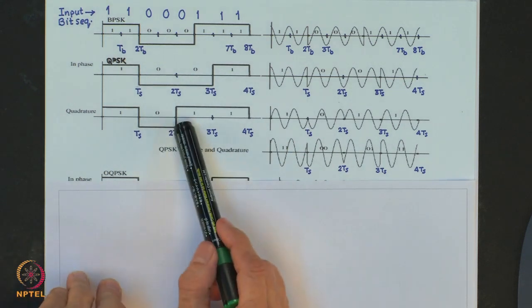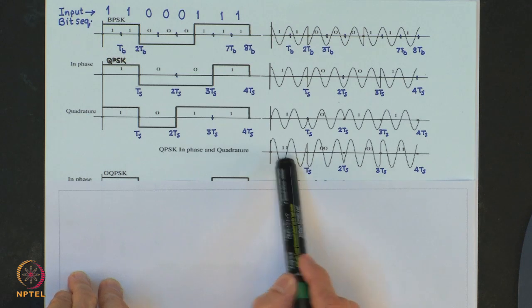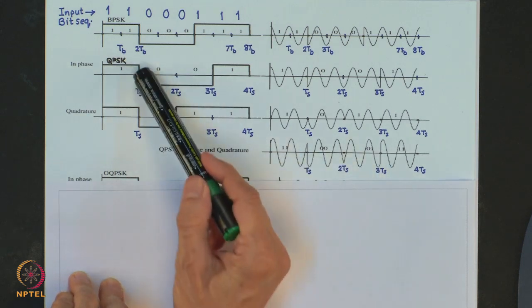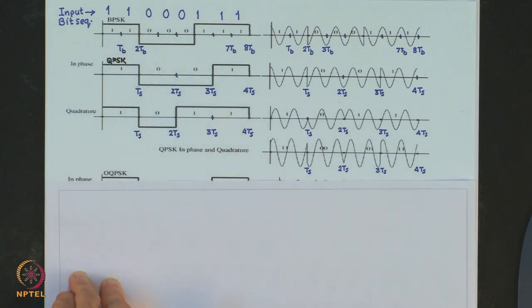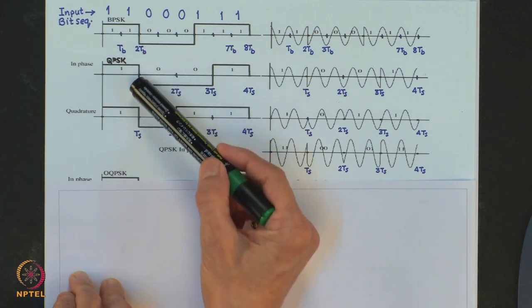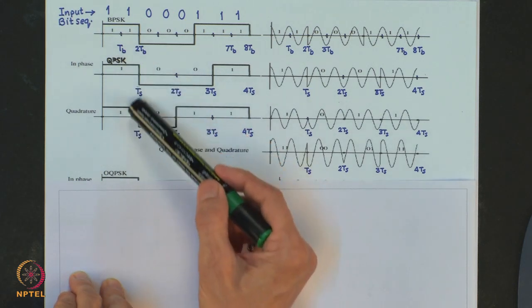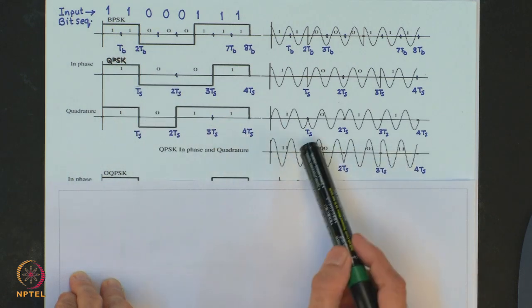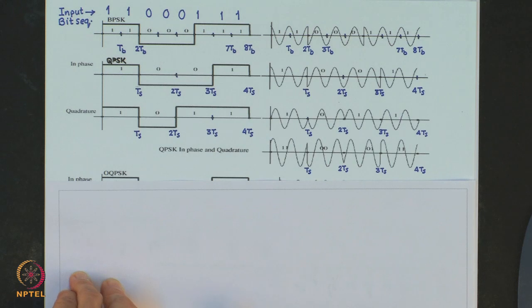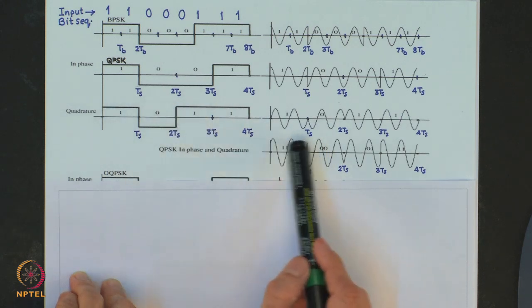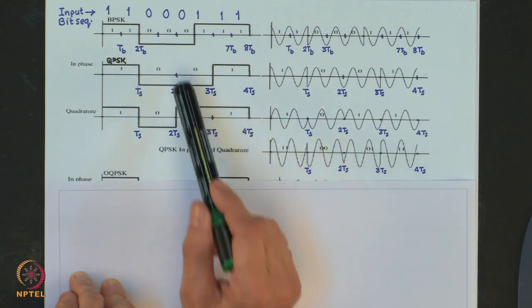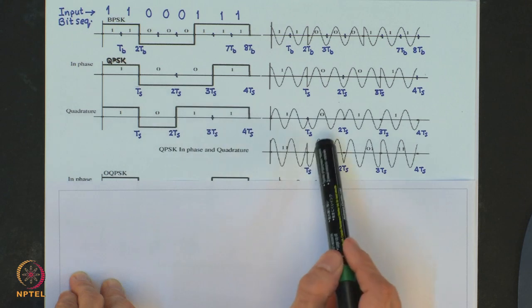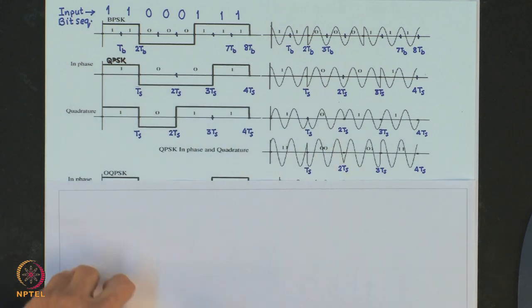Now, the carrier phase will change by plus minus 180 degrees when both in phase and quadrature components of the QPSK signal change sign. So, here it changes sign, here it changes sign. So, here the QPSK signal will go through a 180 degrees phase shift, and the carrier phase of the QPSK signal will change by plus minus 90 degrees whenever one of the in phase or quadrature component of the QPSK signal changes sign.